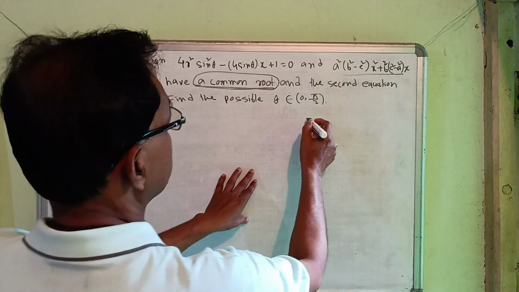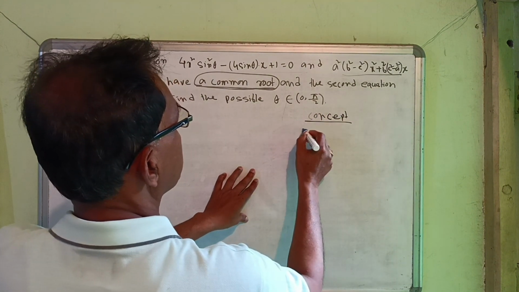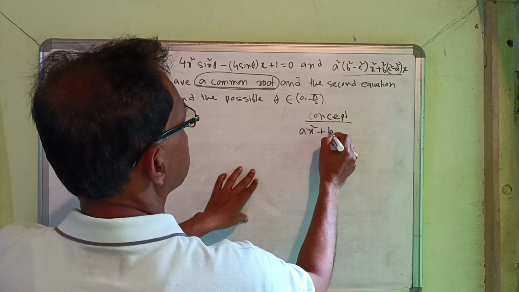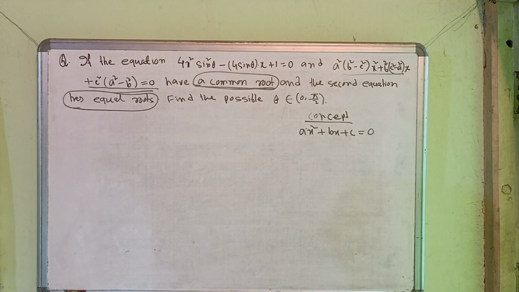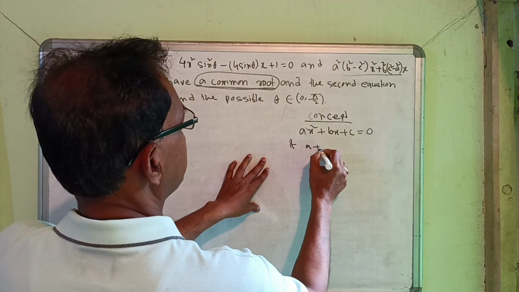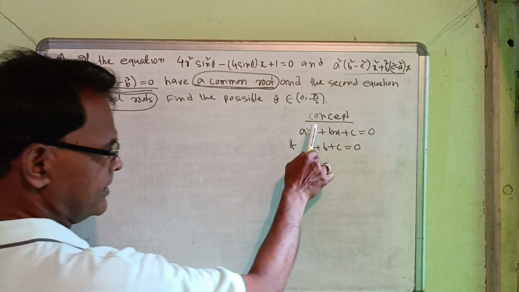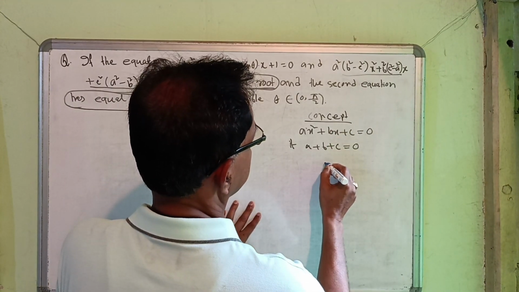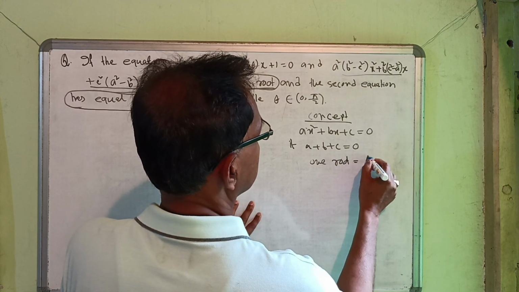First, the concept is this. ax square plus bx plus c equal to 0 is a quadratic equation. If a plus b plus c equal to 0, then this equation has one root that is always 1.